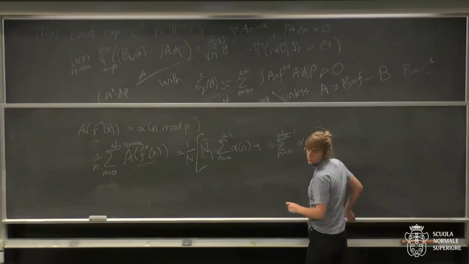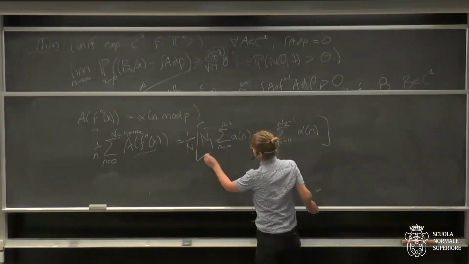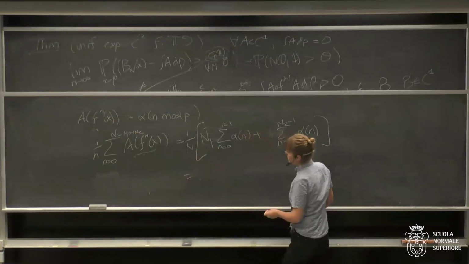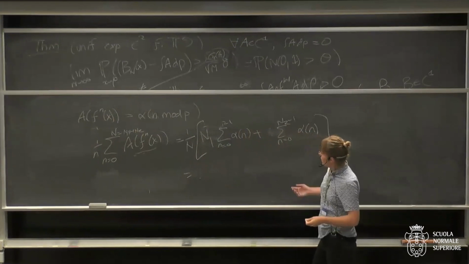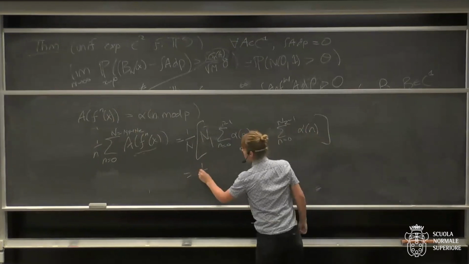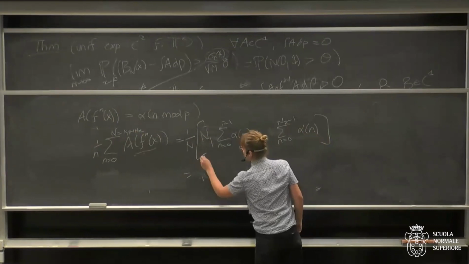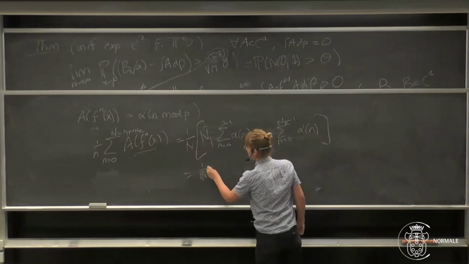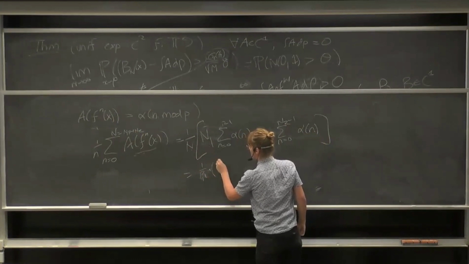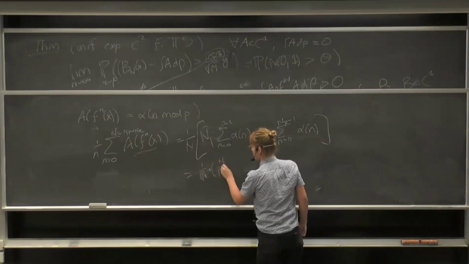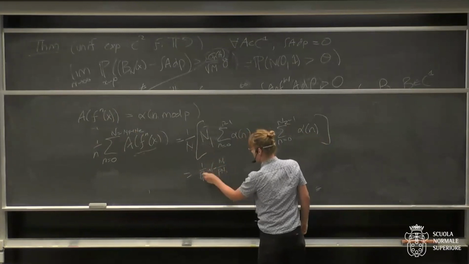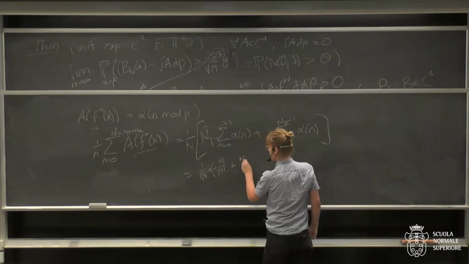Then this guy here, you get sort of 1 on p plus n1 on pn minus that. So these cancel, plus n1 on n.